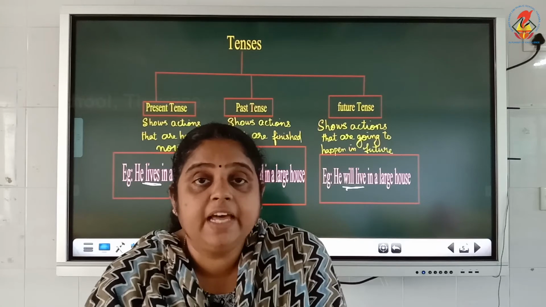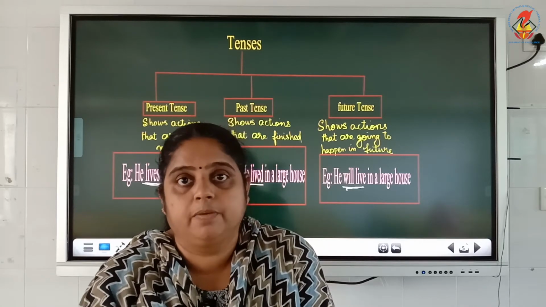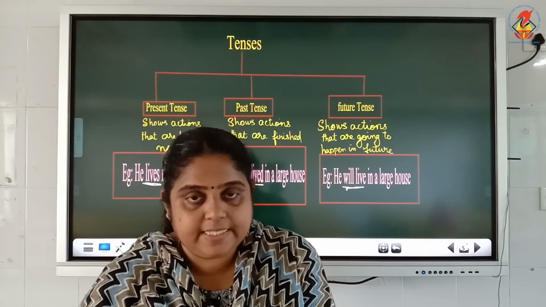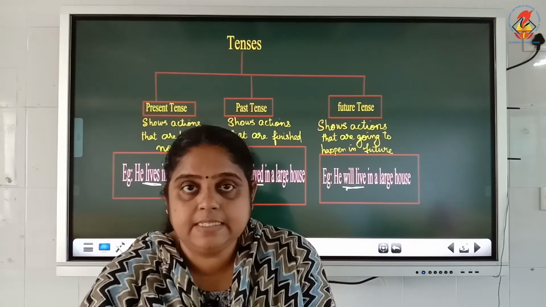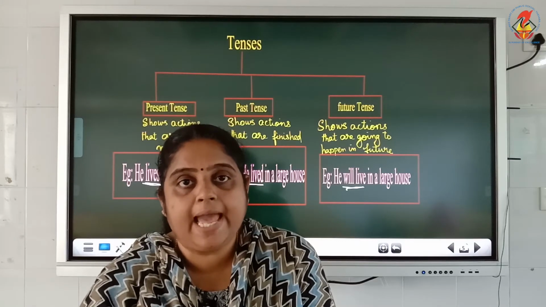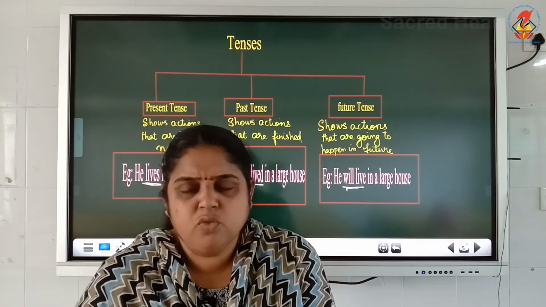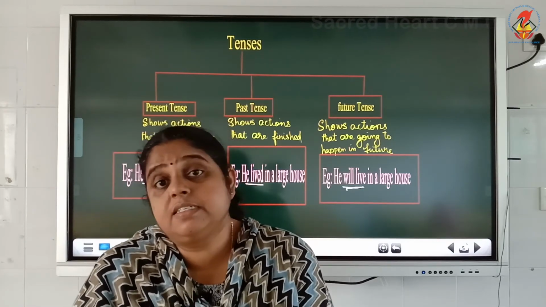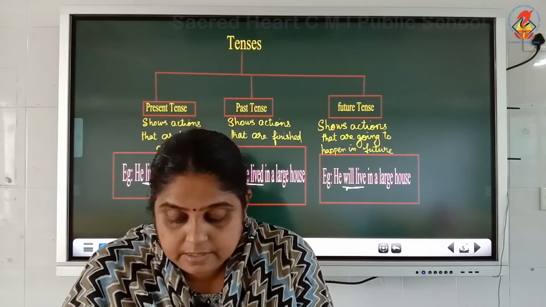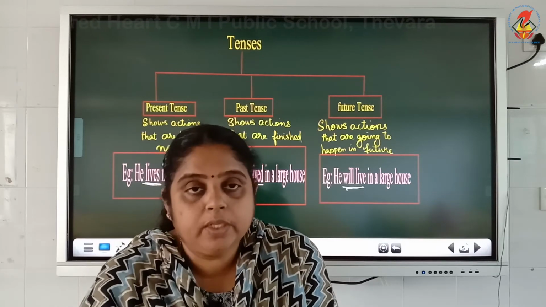Since it is singular, polish is the original verb, and along with polish we add s. Polishes. Monali polishes her shoes every day. So, what type of tense is it? It's already written: simple present tense. Okay.